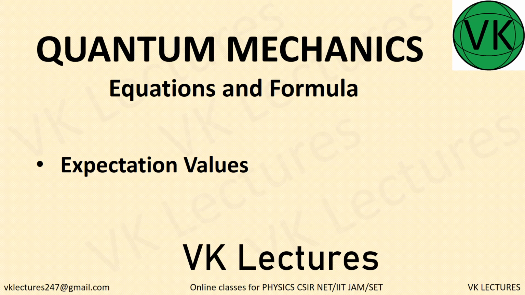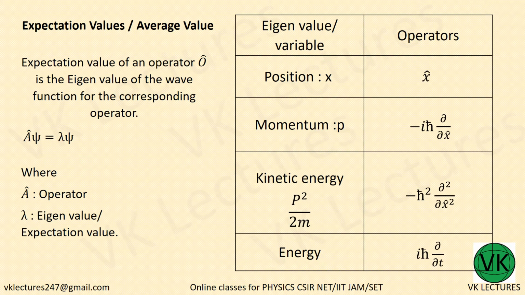Expectation values, or average values. Now the expectation value of an operator is the eigenvalue of the wave function for the corresponding operator. Here if you consider A as the operator and psi as the wave function, A psi equal to lambda psi, which gives you lambda as the eigenvalue.